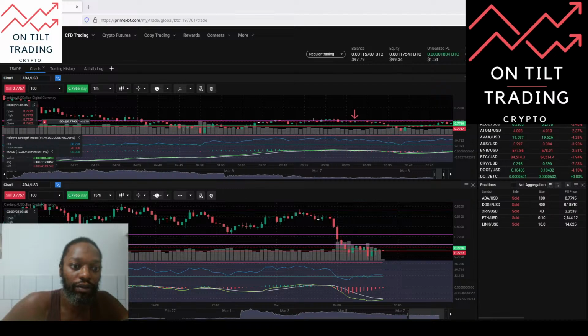Right here. And you can see it continued. This is when it sold off below S4. So this is S4. Sold off below S4, did some consolidation, came back to retest.